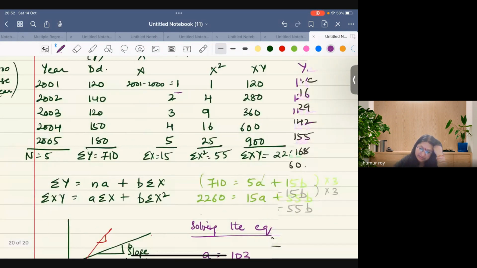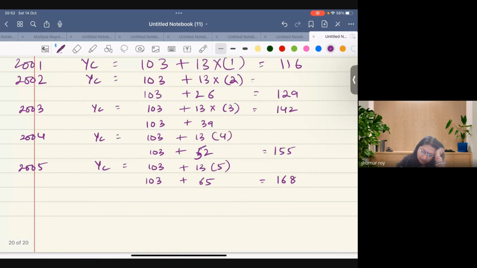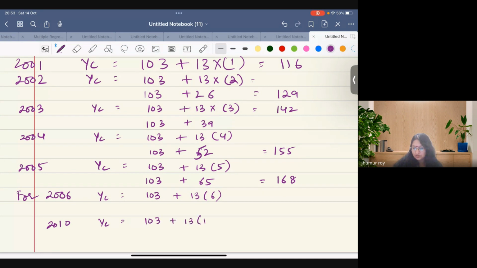Now, very interesting. Suppose I want to get the value for 2006. What will I get? It will be 2006 minus 2000. So it will become YC is equal to 103 plus 13 into 6. So like that, I can calculate any value. So if I want to get the value for 2010, what will be the value? YC is equal to 103 plus 13 into 10.